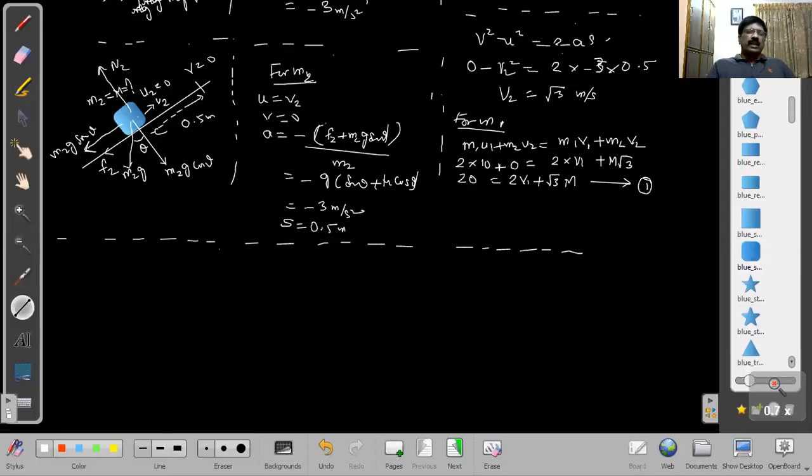In the problem it is given that initially the first block is here. Initially the first block is here.